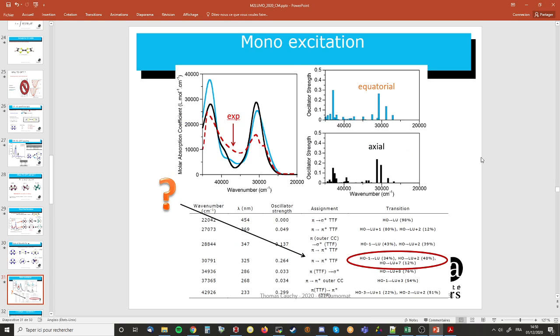So we have this kind of information in the text part. If you use GaussSum, you will have the wave number, the wavelength, the oscillator strength. The oscillator strength is this information.